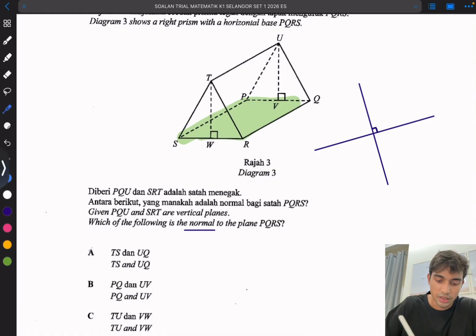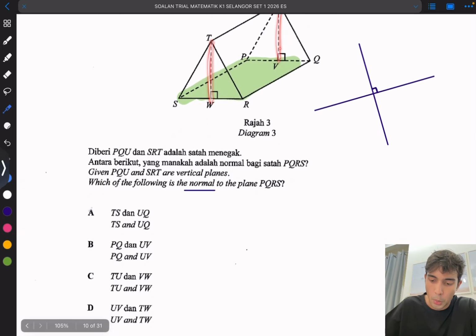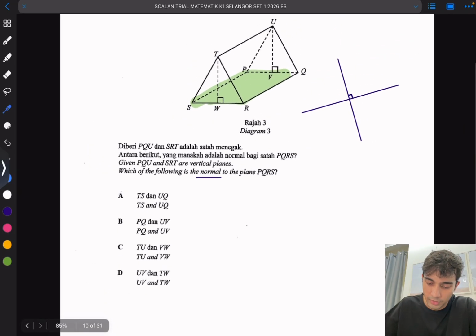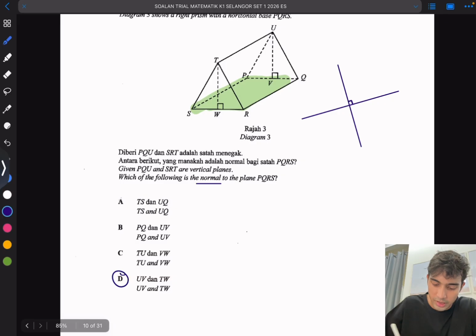So in this case, normal to this surface would be perpendicular lines to that surface. So these two lines, UV and TW. Okay, this one and this one. These two are the perpendicular lines, or we can call them the normal lines.